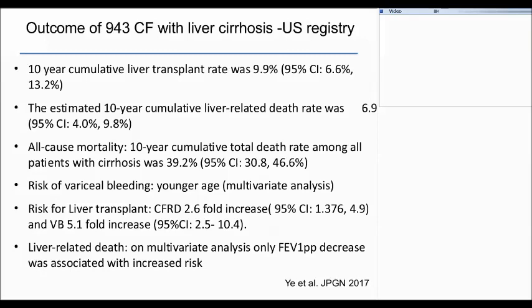For the risk for liver transplant, which is also a little bit of a controversial point, usually between the Europeans and North Americans being a little bit more reluctant for early liver transplant, having a diagnosis of diabetes or CF-related diabetes increased the need for liver transplant, and having had variceal bleeding in the past also increased the risk.